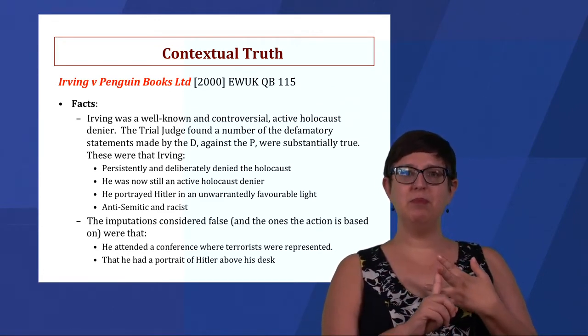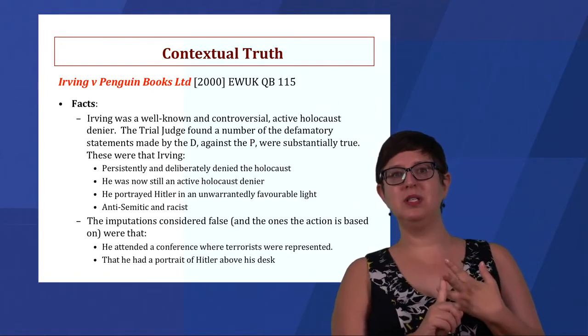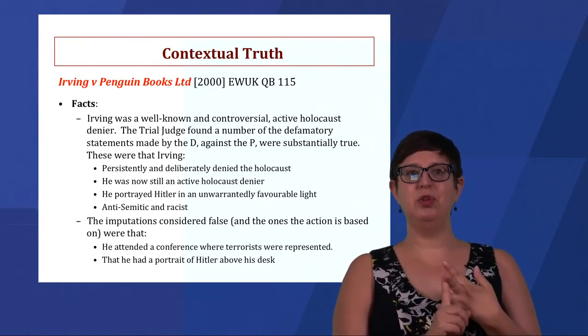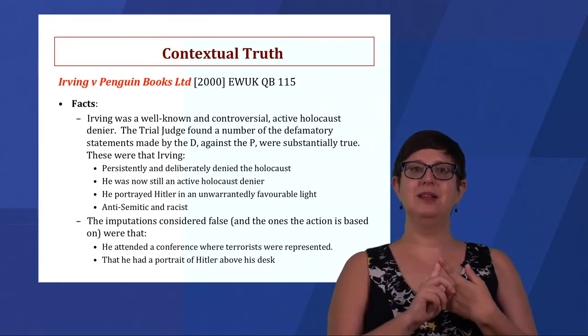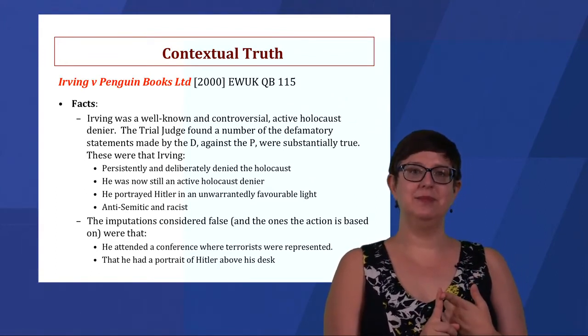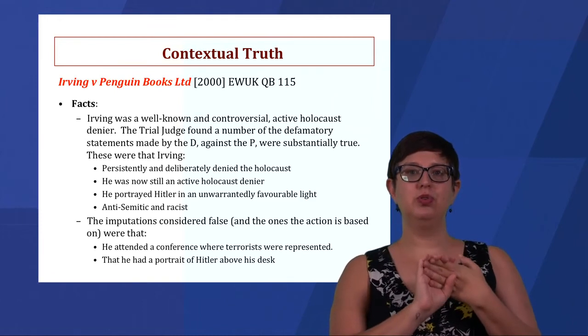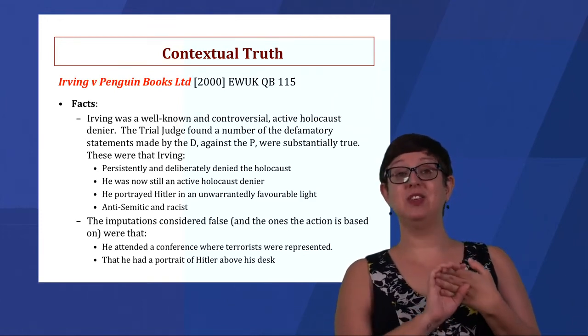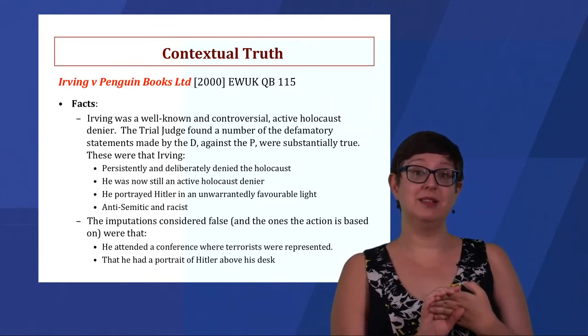Another true statement, he portrayed Hitler in an unwarrantedly favourable light, and that Irving was an anti-Semitic and a racist. So those things were all true, and they were true based on, in fact, Irving's own writings.